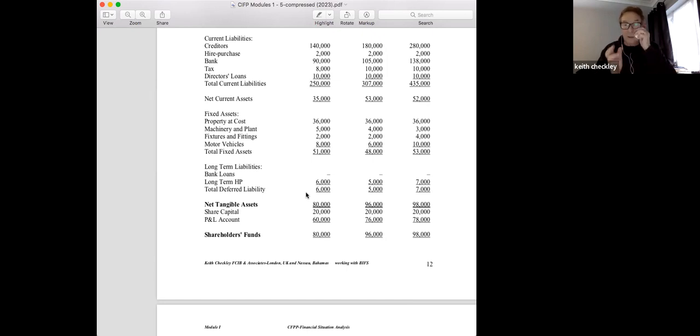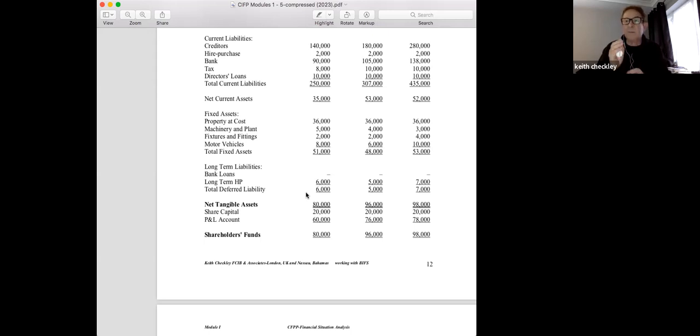Now, the reason I always recommend that is because the net worth might be presented in different ways. And if you want a good example of it being presented in different ways, have a look at your own financial institution balance sheet and look for the net worth position. It could be shareholders' funds plus reserves. It could be a revaluation reserve. There could be this, that, and the other in there. So it can be quite difficult sometimes.